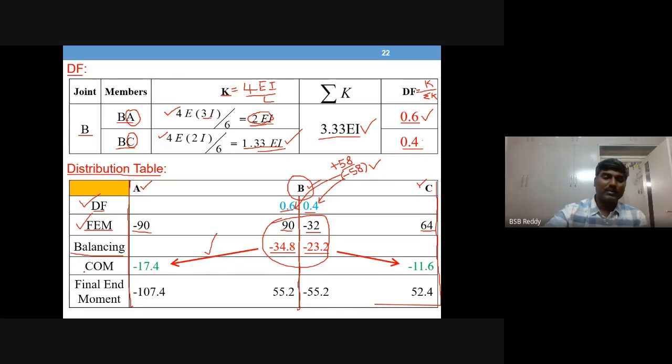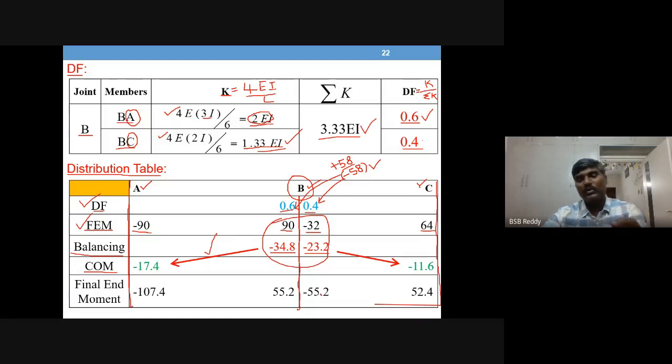So this is called carryover moment. That is another row, carryover moment. As already told, the fixed end need not be balanced because it is self-balancing, and C is also self-balancing. Only joint B is to be balanced.